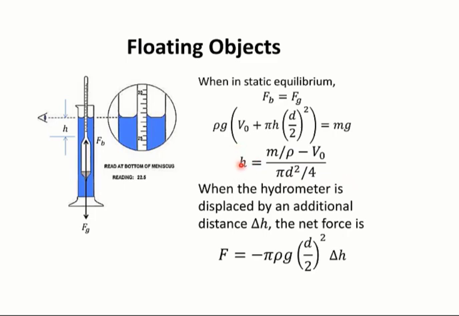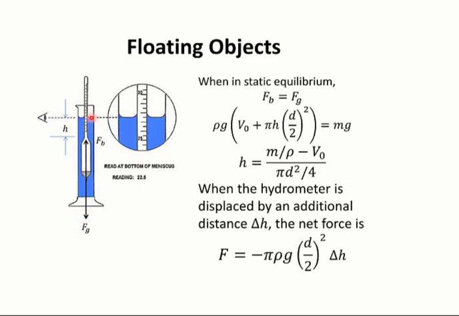Now this h is the equilibrium height of this hydrometer in this liquid. Okay, now if we push this hydrometer a little in this direction, then this height will increase a little, say delta h. But then the force will not be nullified due to gravity, right?